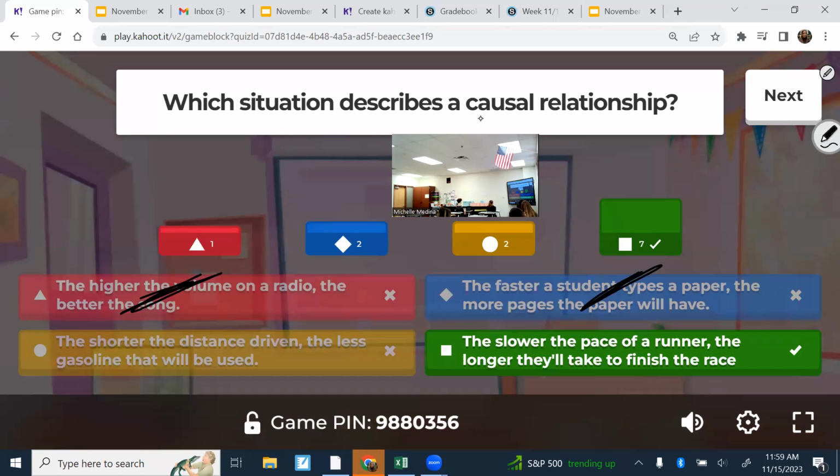Then for the yellow, the shorter the distance driven, the less gasoline that will be used. Can you guys think of times where you use more gas than this distance?